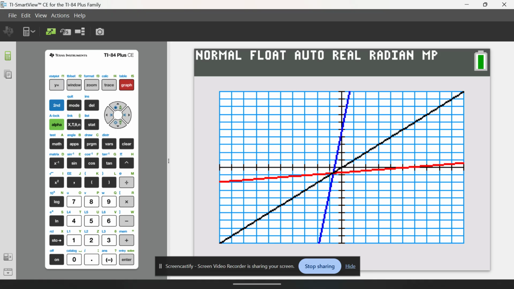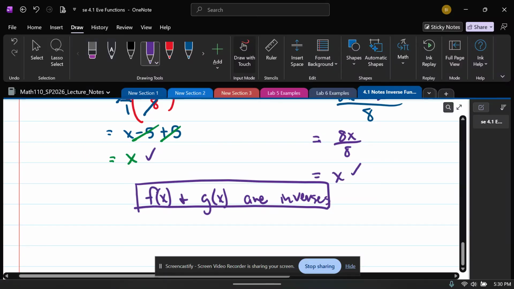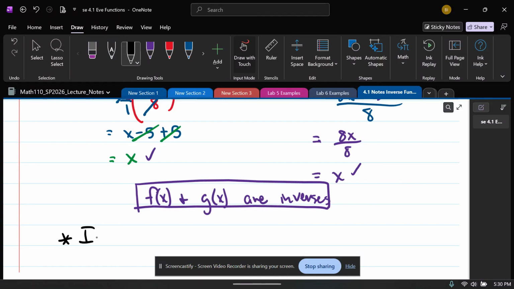So this is another thing that inverses do: inverses reflect across the y equals x line.